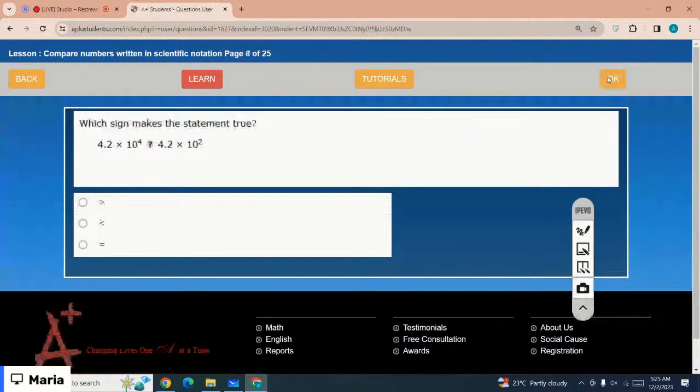Okay, which sign makes the statement true? 4.2 times 10 exponent 4. You have to compare it to 4.2 times 10 exponent 2. So which is the correct option?